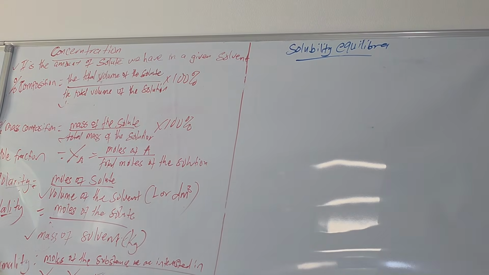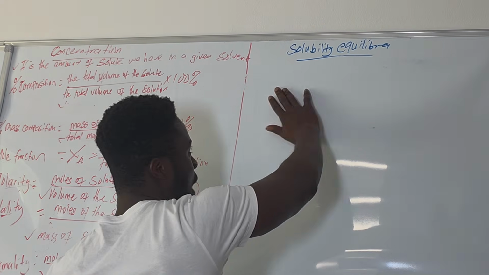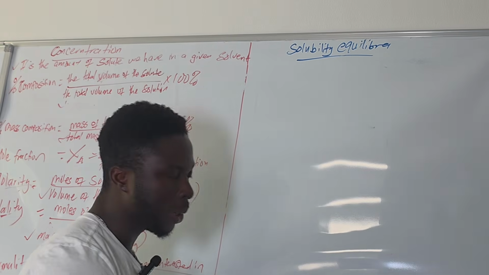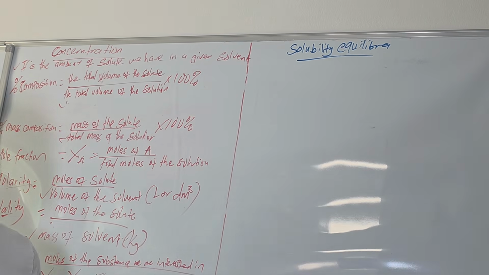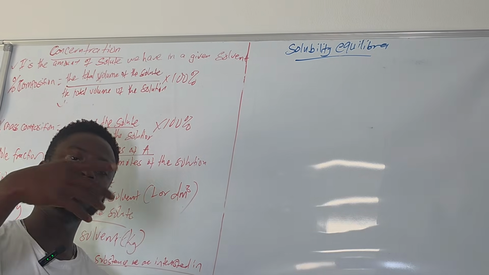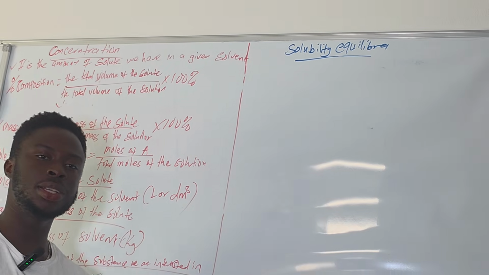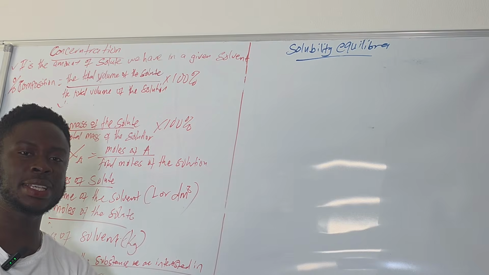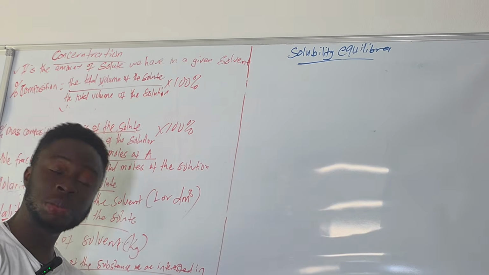All right. So the next part that we are on is the solubility equilibria. Now, we have discussed before the equilibrium of a reaction, the rate of forward reaction, reverse reaction, those things that we did in the previous chapter.